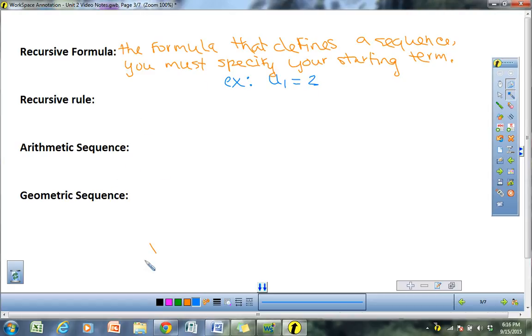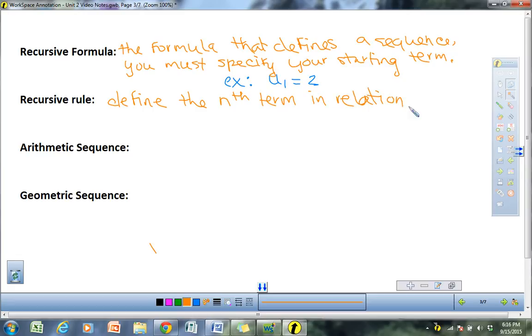Alright, and then the rule is going to define the nth term in relation to the previous term.